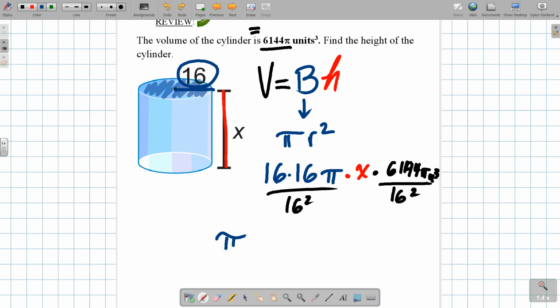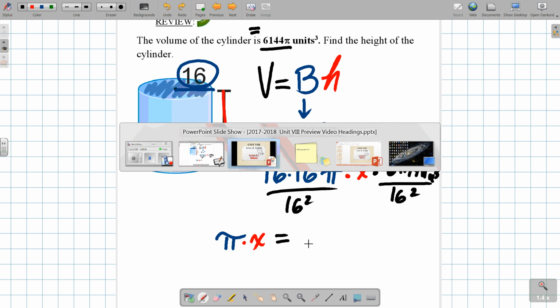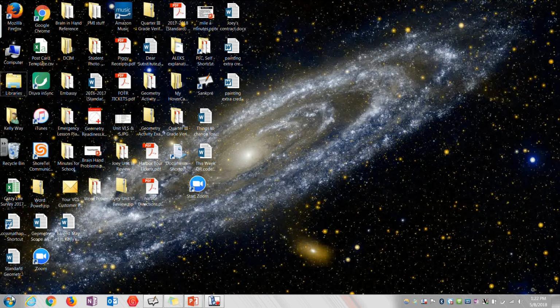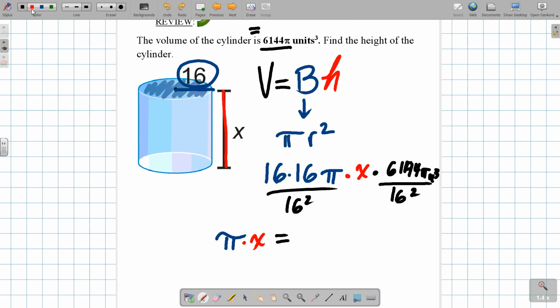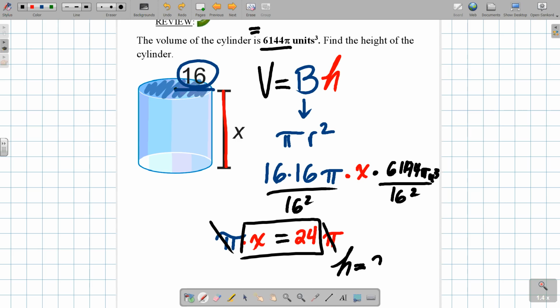So I have pi times x equals 6144 divided by 16, and then divided by 16 again. Oh, it's 24. So that's going to equal 24 pi, and of course you cancel the pi's. So your height here has to be 24 units.